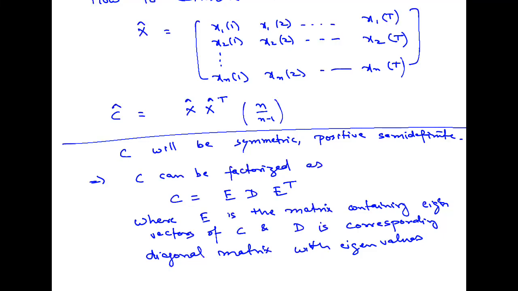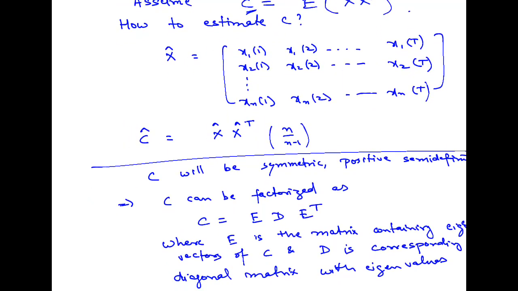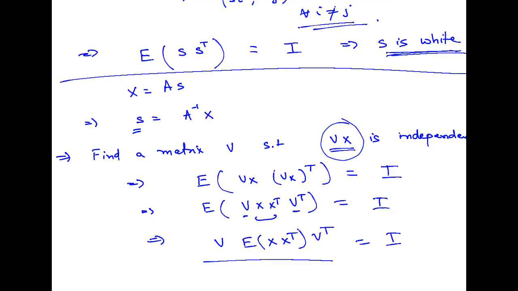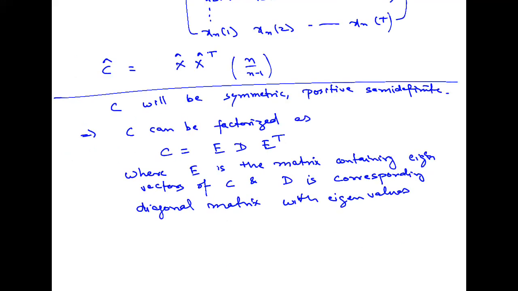Now can you whiten X? What do you want? V times C times V transpose is equal to I. Fine.